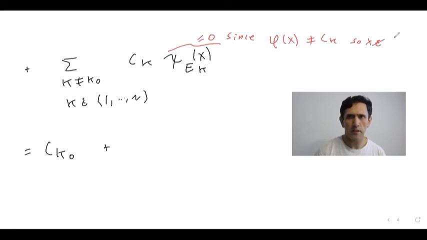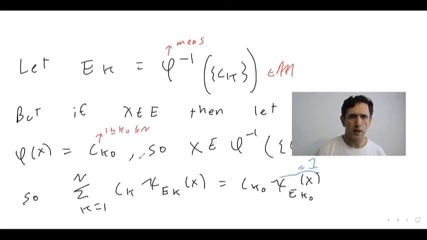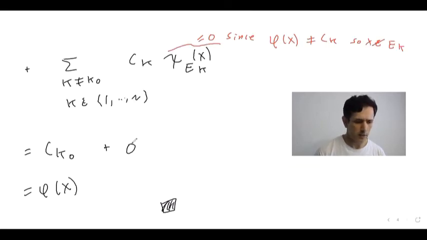So that means x is not in the inverse image of the singleton c_k, which is E_k. So each one of these is 0. Right? So yeah, this is equal to c_{k_0}. It's phi of x, and we're done. We picked an arbitrary x. This sum here for arbitrary x in E gave us phi of x. So not a terribly deep proof, but right.